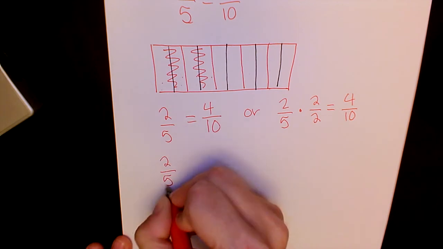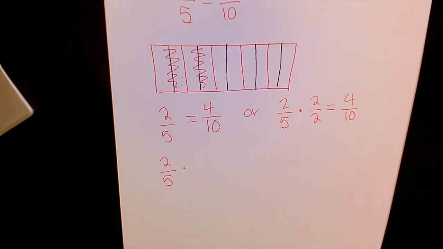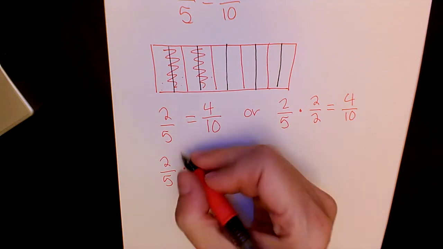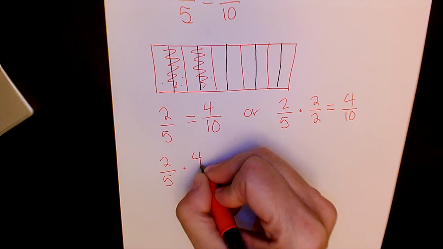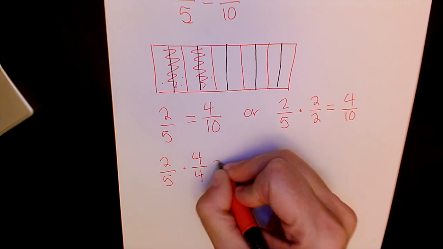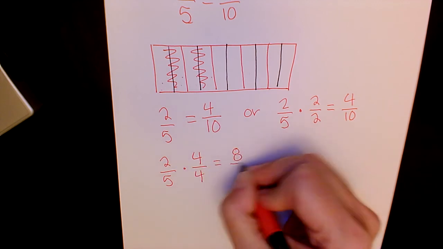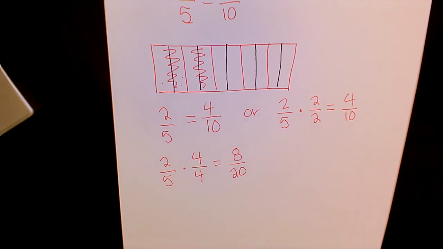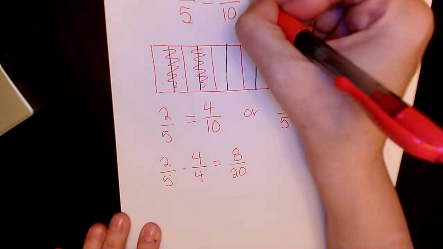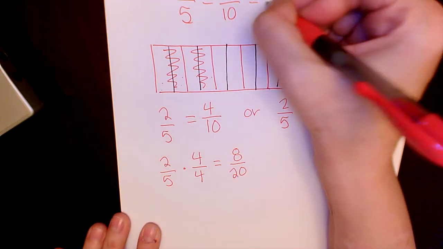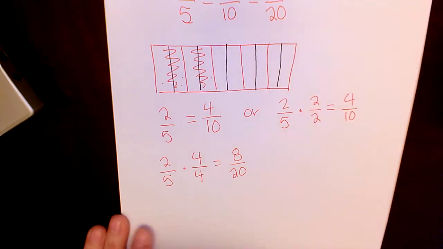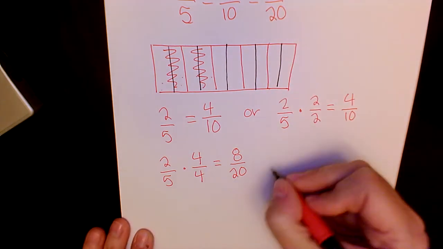So let's just take the 2/5 and you pick a number and multiply the top and bottom by that same number. So let's do 4. So this is 8 over 20. So here's another fraction that is equal to 2/5.